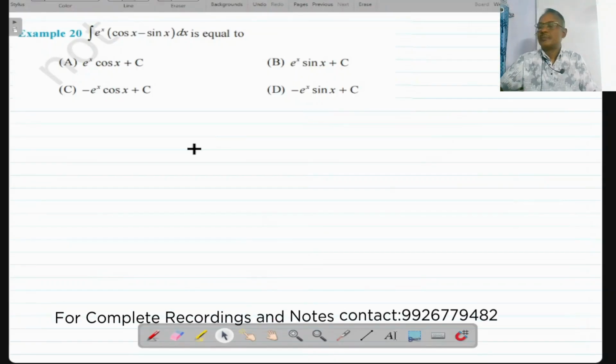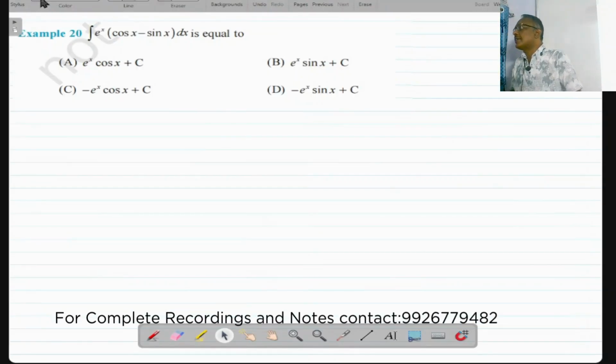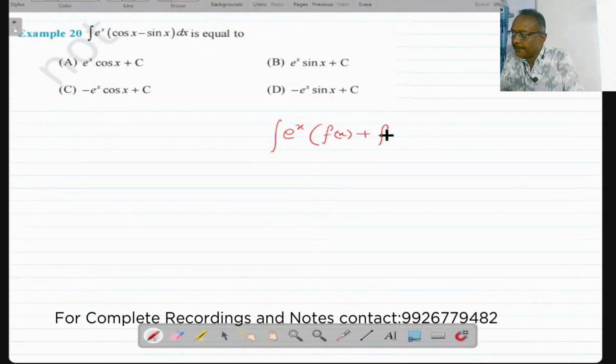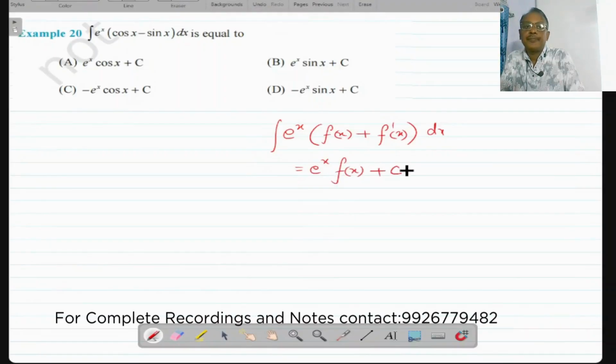Write down a question from NCERT exemplar. There was one property form which we had done, e to the power x f x plus f dash x. The answer was e to the power x f x plus c.